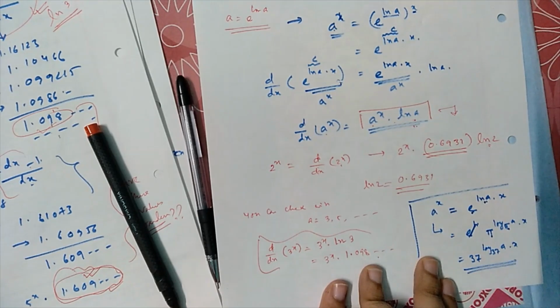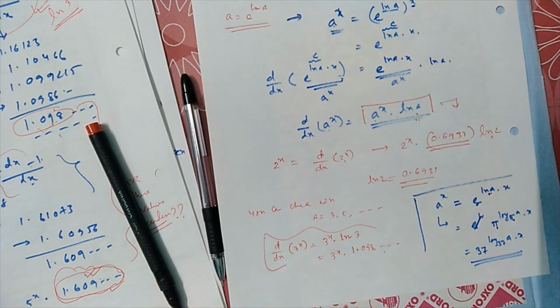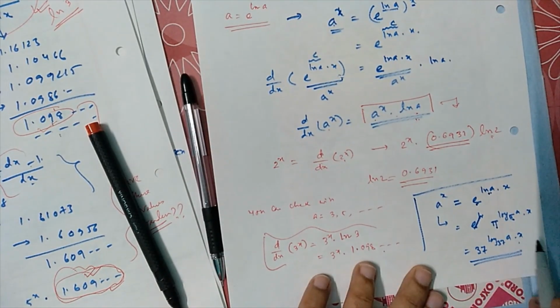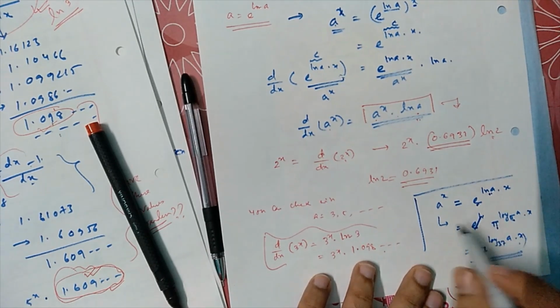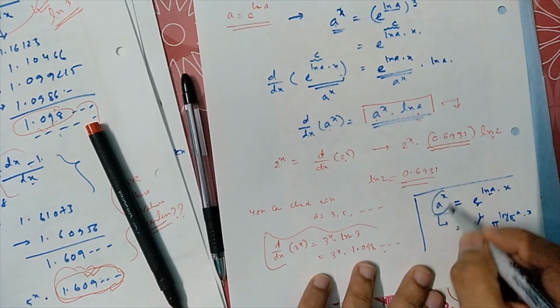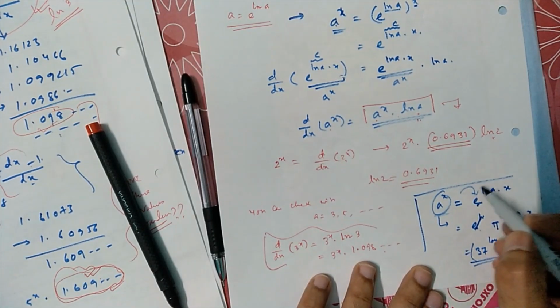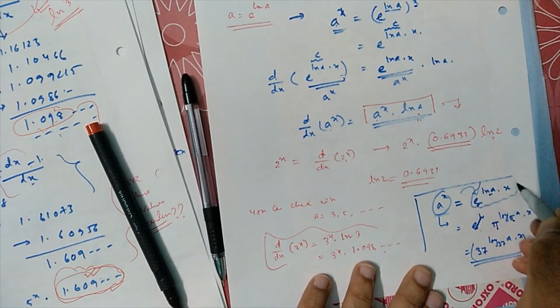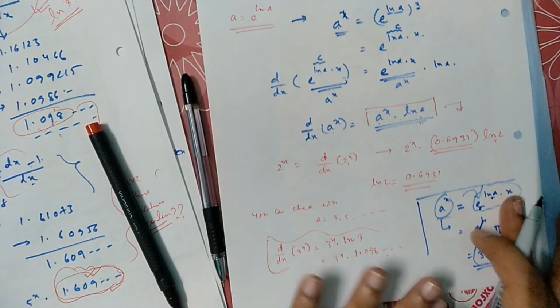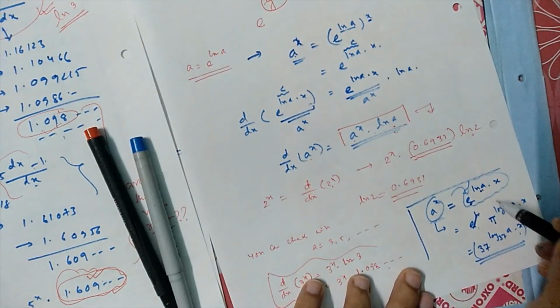These are all the same. So from here we can conclude that any exponential form can be written in power of anything, but e to the power x, or e to the power cx, is the one where the rate of change is itself.